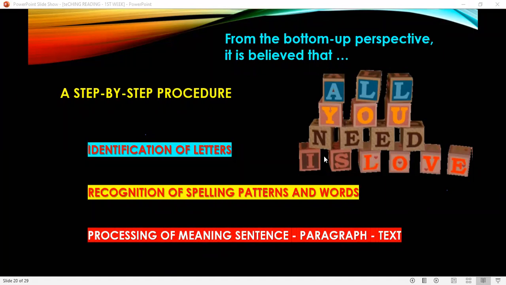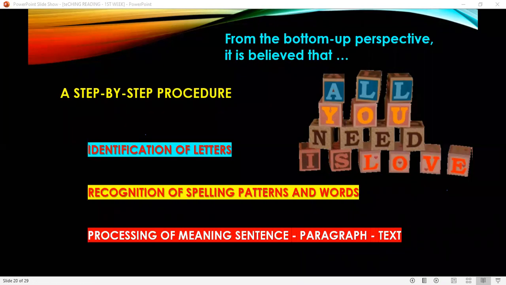So according to the traditional view of reading, first you identify letters, then you recognize the patterns and words. Then you're going to process the meaning of a sentence, paragraph, or text. So these are the sub skills that we are going to acquire according to the bottom-up perspective.